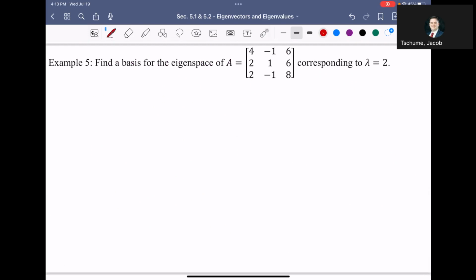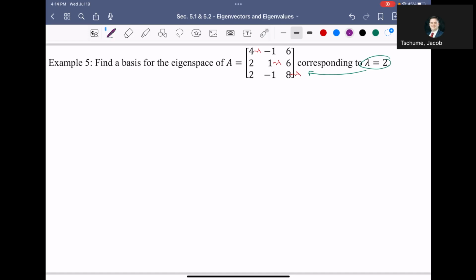So remember, in your mind, you know that we're going to have a minus lambda down the main diagonal. And we're going to take lambda equals 2, and we're going to substitute that in to start to create the homogeneous matrix equation.